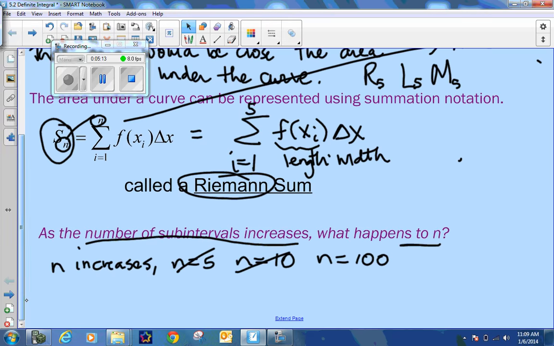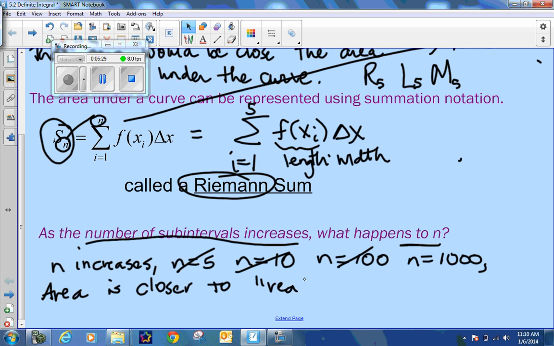So as we get closer, what the heck, let's go to 1,000, your area is going to get closer to what we would call the real area under the curve. And that's what we're after, the real area. We can find this using calculus. We just got to inch up to it.